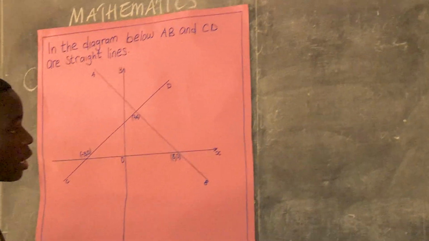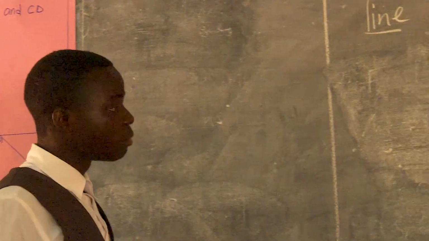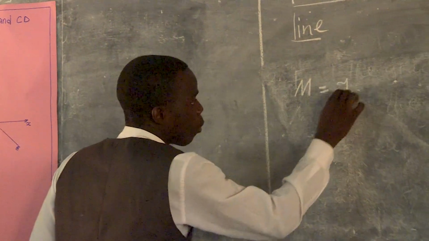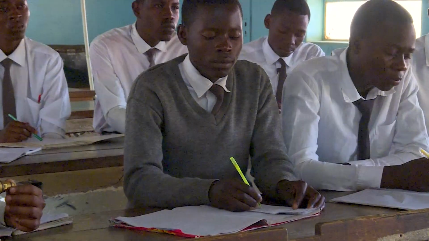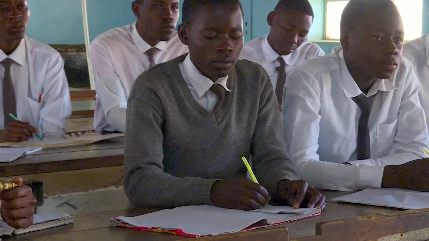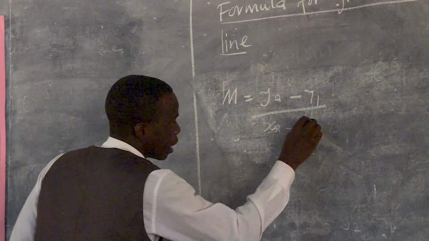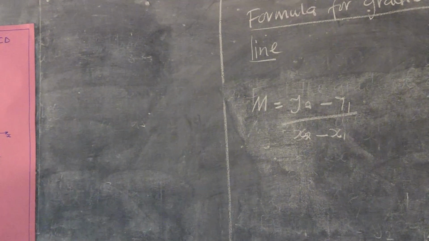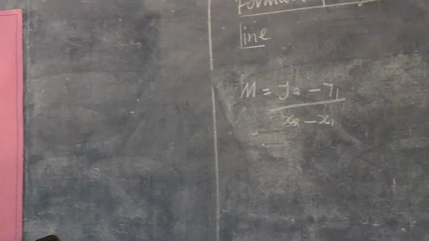First, we need to write the formula for the gradient. The gradient m equal to y2 minus y1 over x2 minus x1.